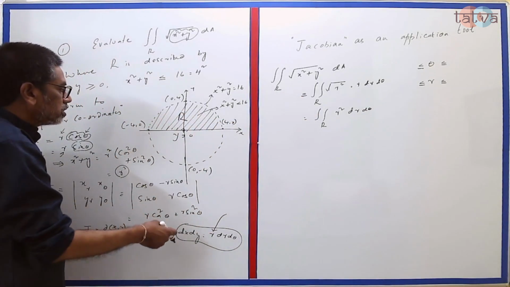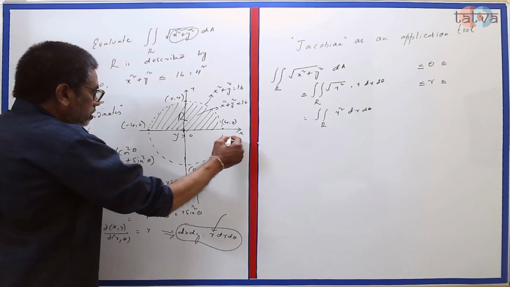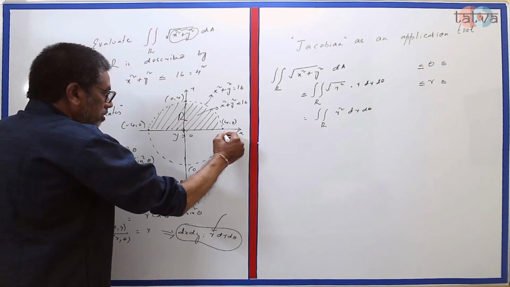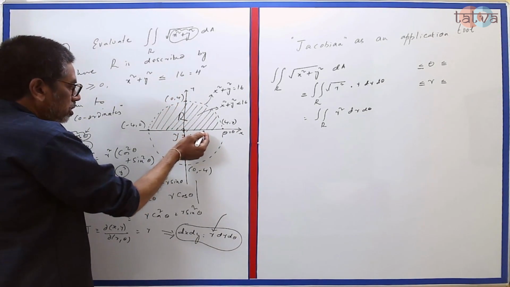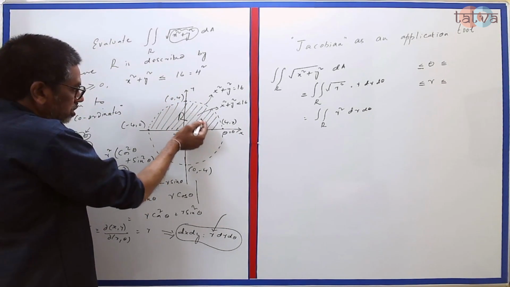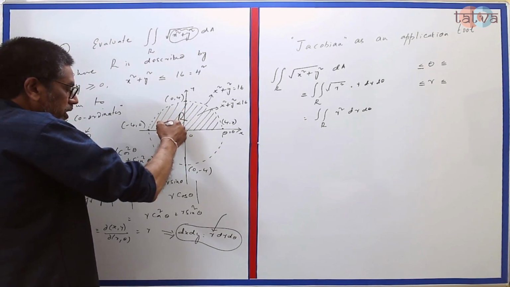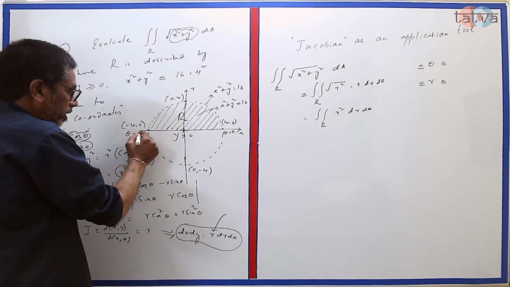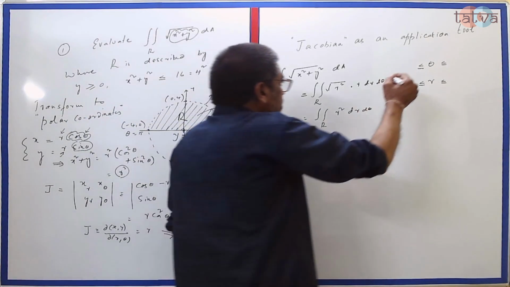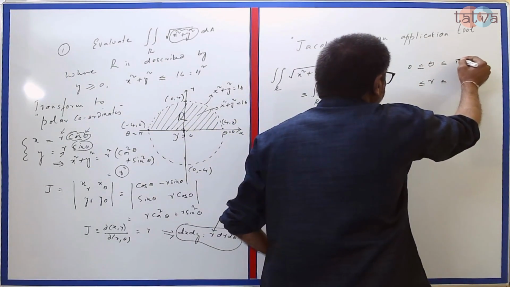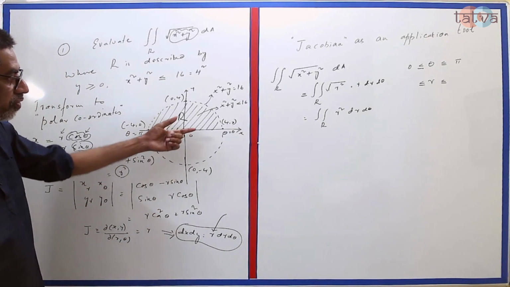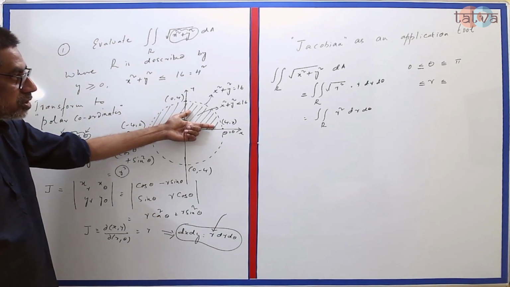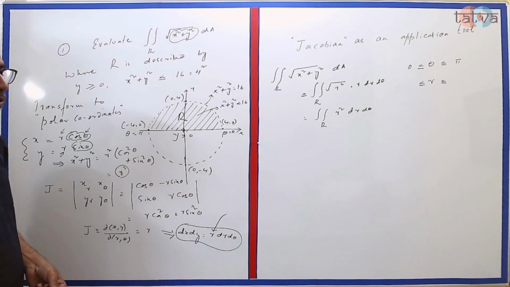Let us look at the diagram. Theta starts from this radius vector, theta is equal to 0, goes this way. As it crosses the y-axis, it has swept an angle of 90 degrees. Then it continues the journey and ends at theta is equal to pi. So you can easily fix your theta limits. For example, if we were only working on the first quadrant of this circle, the theta limits will be 0 to pi by 2.